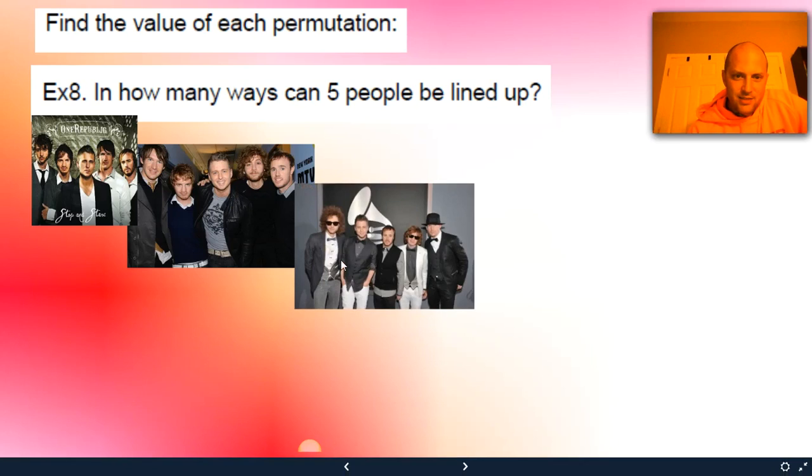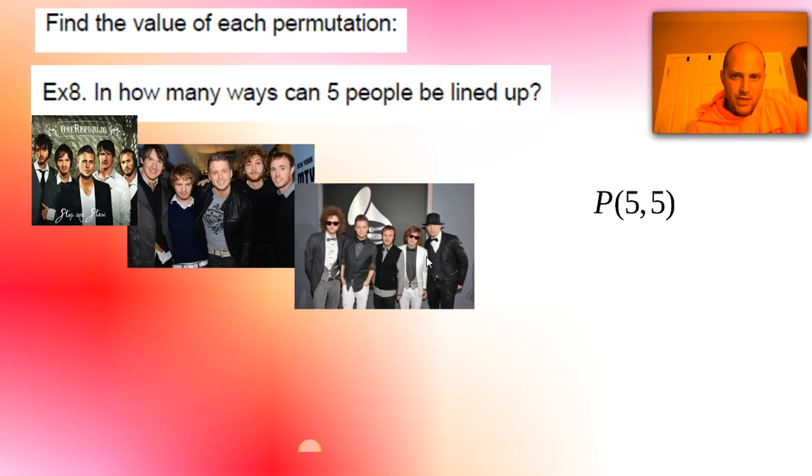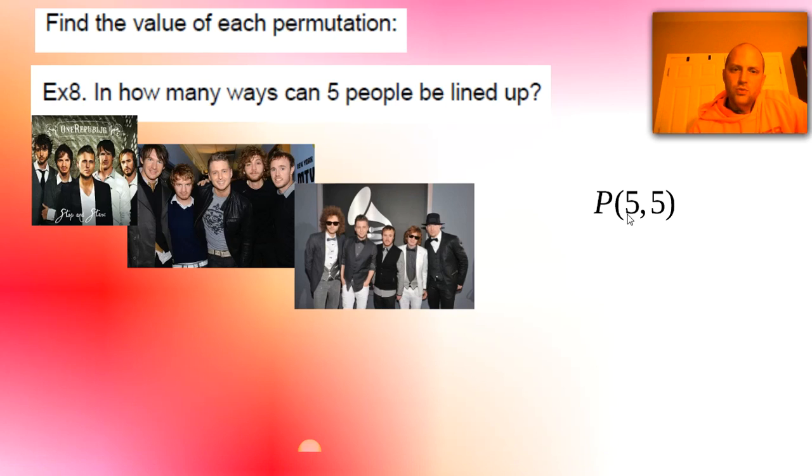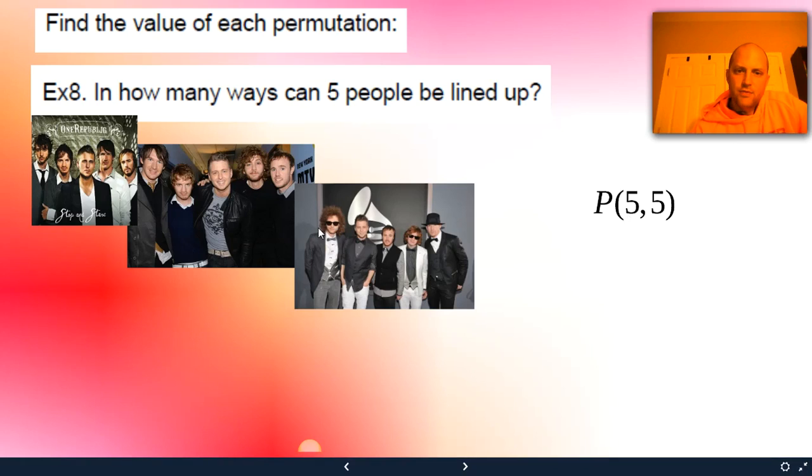And then they line them up a different way, and this One Republic band, there's 5 guys and there's 5 spots, and once you use one of the guys, you can't use them again. So that's a permutation. Order matters. It looks different to have the guy with the fuzzy hair here on the left than it does on the right. It just is a different order.